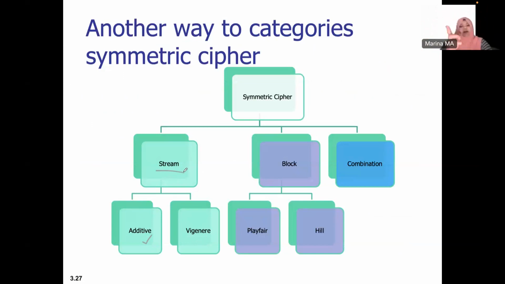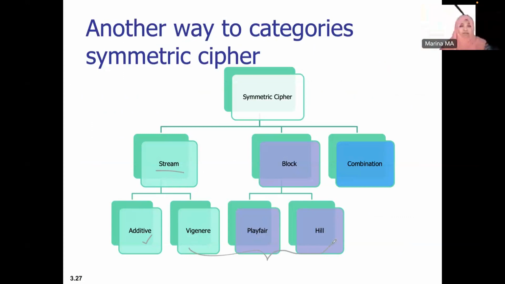Okay? But I think Playfair, Hill, and Vigenere, these three are actually under the same category in the previous one, which is polyalphabetic. However, when you are categorizing them into stream or block, Vigenere is stream, but Playfair and Hill are block. What is block? You take one chunk.